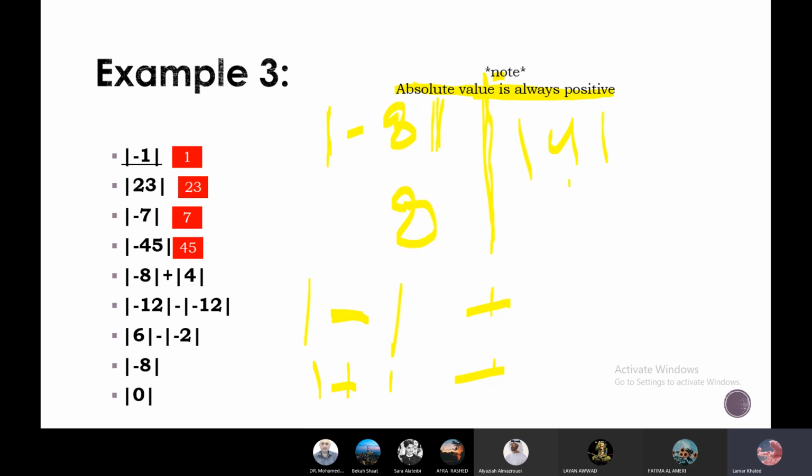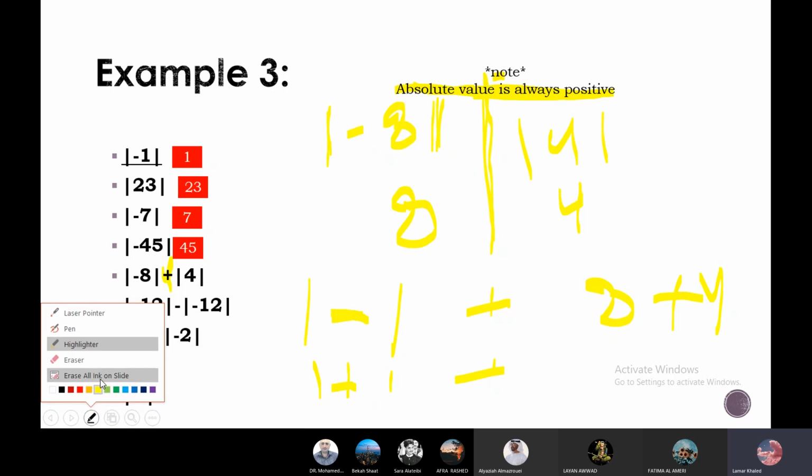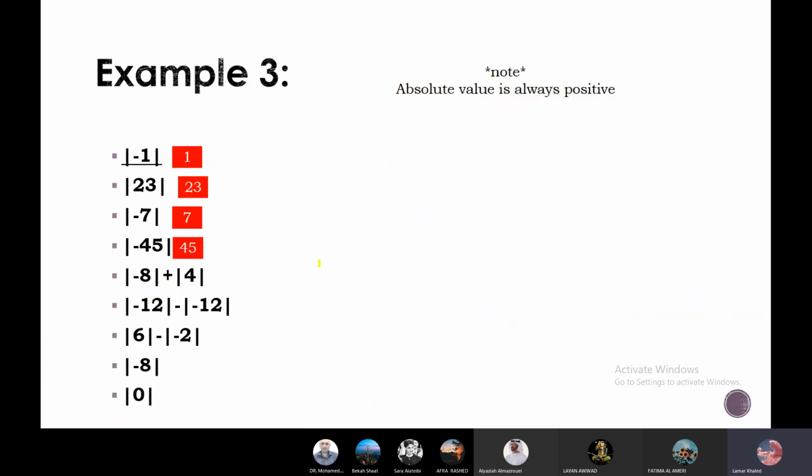Will it be -4 or will it stay positive? It will stay positive. Okay, so now we have 8 and 4. As you see, the sign here is plus. Okay, Eliasa, can you tell me 8 plus 4 equals what? Take your time. 12. Okay, thank you very much.